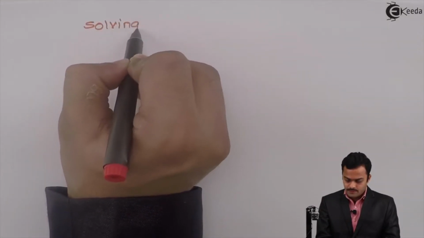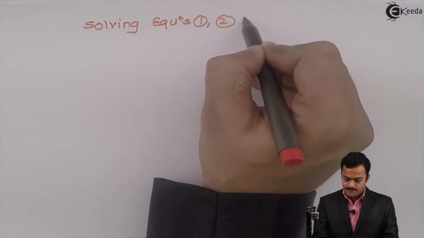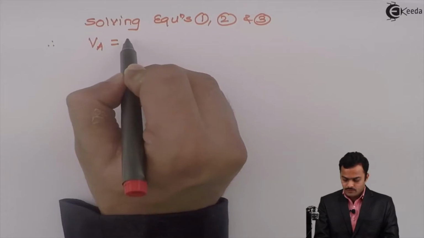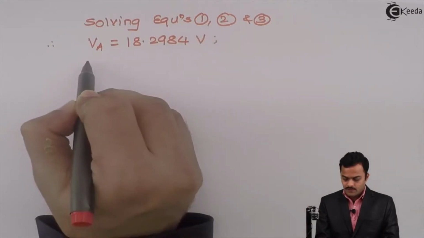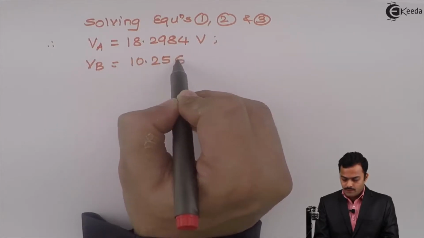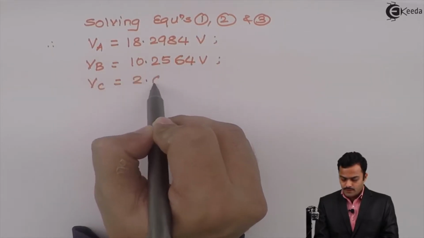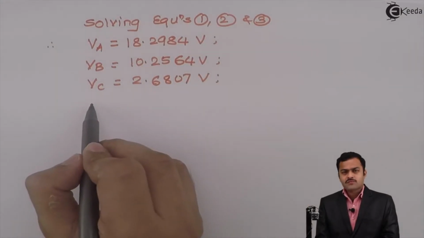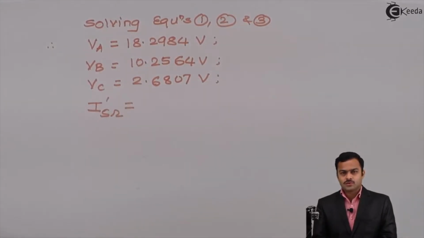Solving equations 1, 2 and 3, I will get VA equal to 18.2984 volt, VB 10.2564 volt and VC 2.6807 volt. We are supposed to find the current flowing through 5 ohm, and that is because of only one source. So I dash 5 ohm.